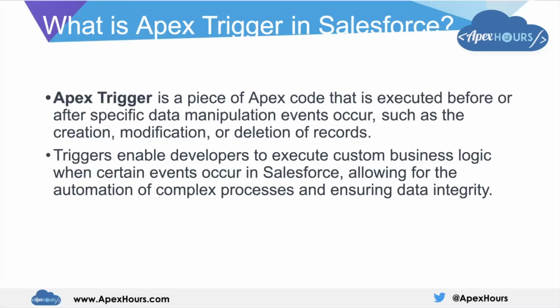Just like database system supports triggers, Apex provides trigger support for managing records. Triggers enable developers to execute custom business logic when certain events occur in Salesforce, allowing for the automation of complex processes and ensuring data integrity.